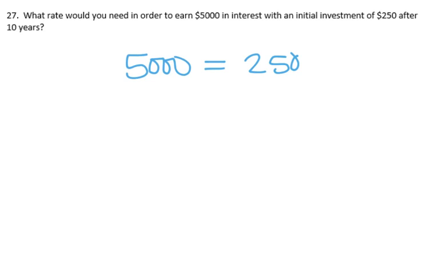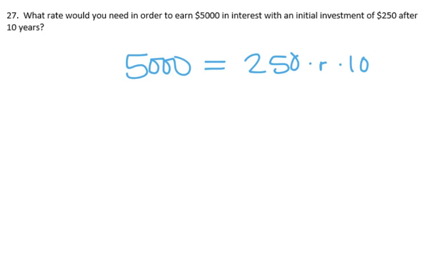If we're looking for just interest, it's the principal times the rate times the time. So if we want 5,000, it would equal 250 times the rate times 10.